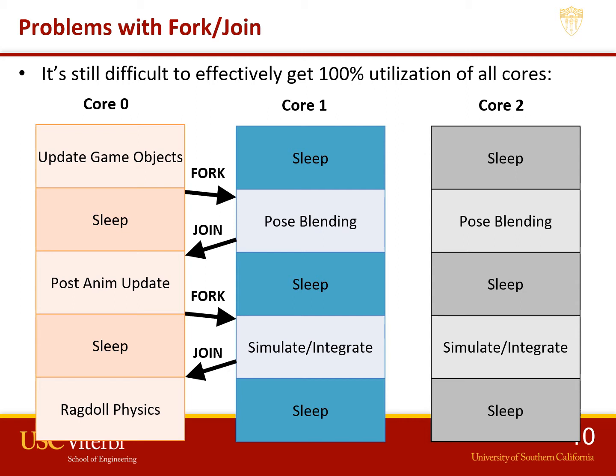Then maybe the physics system can be split across multiple cores, and we'll do that here. But as you can see, it's still quite difficult to get good utilization on all the cores. We're having to sleep a lot during this. And so that's the big downside of a fork and join style.